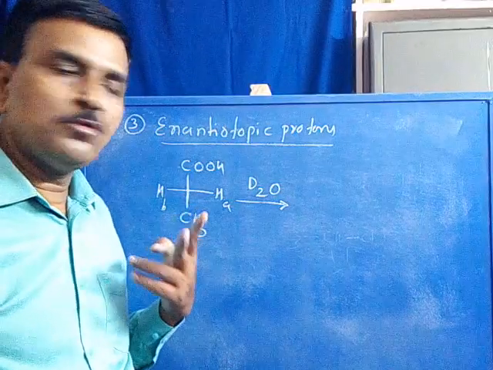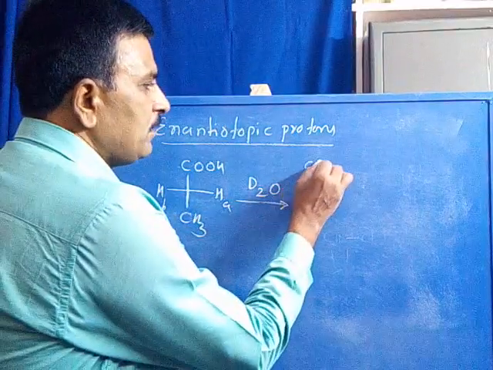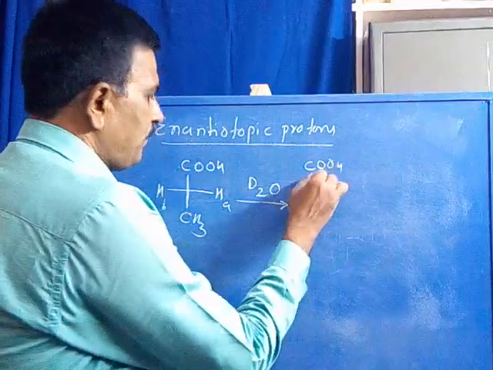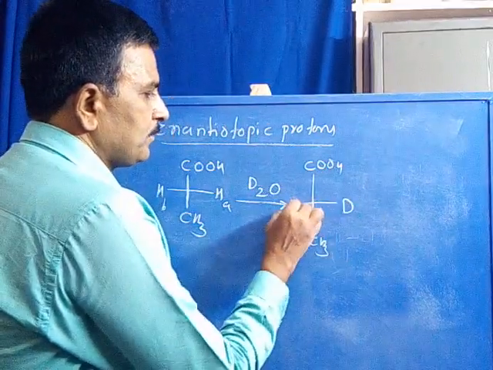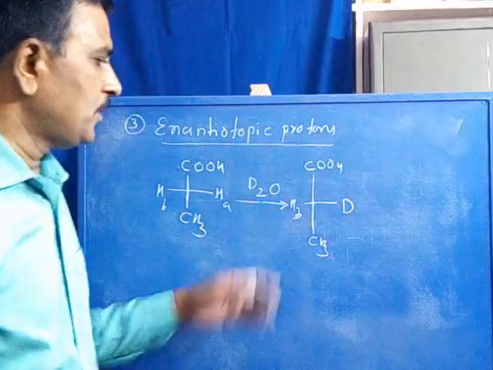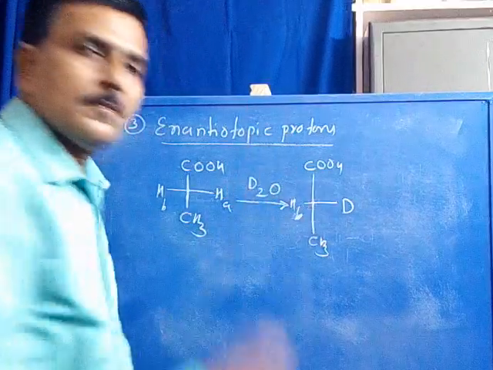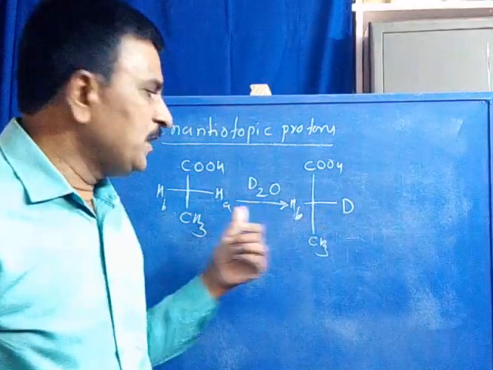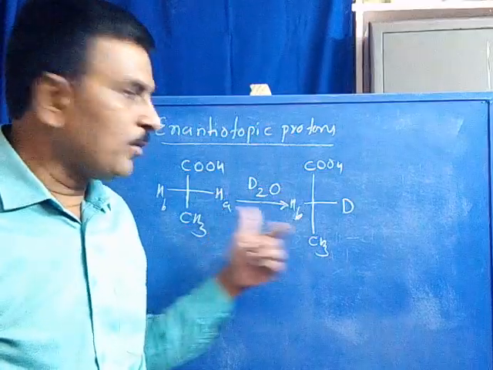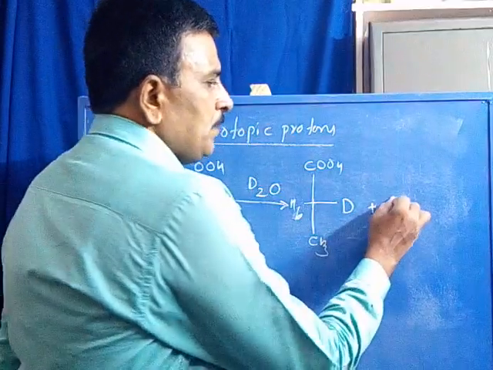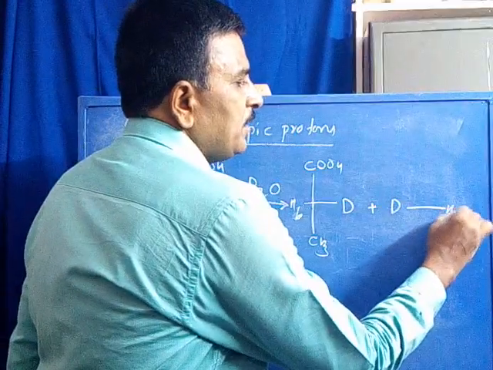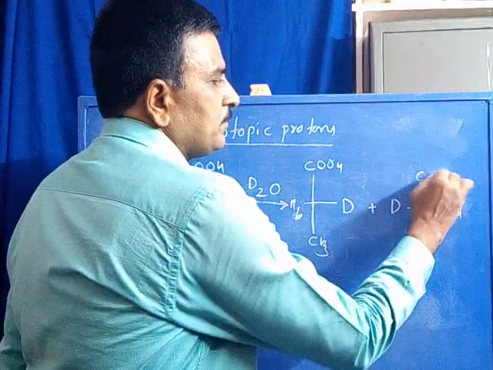So we will get two isomers. In the first case, replacement of A proton gives one isomer, plus B may be replaced to get the other isomer.